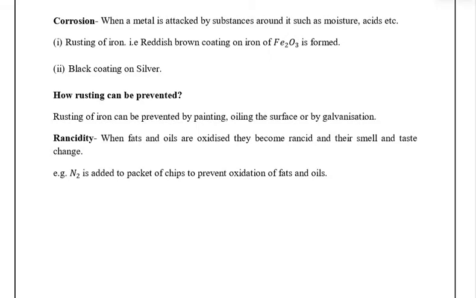Iron forms a reddish brown coating of Fe2O3, that is ferric oxide, as discussed earlier, and there is a black coating on silver. So remember these two important points: Fe changes to reddish brown color, and silver, that is Ag, gets a black coating if it gets corroded.